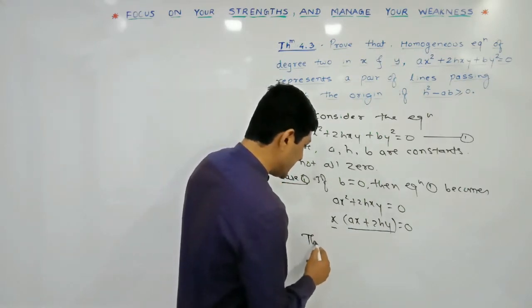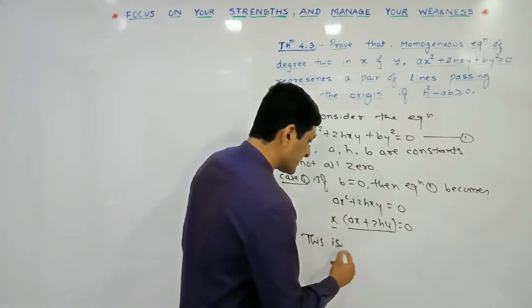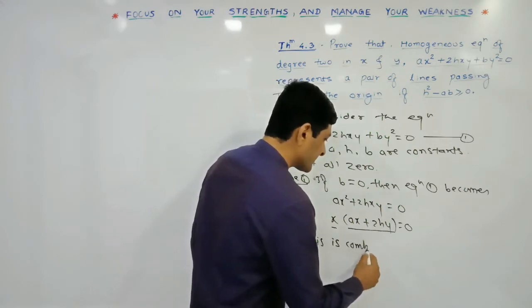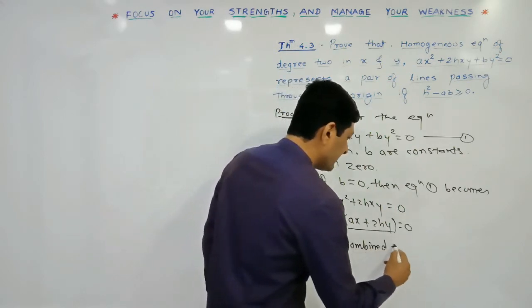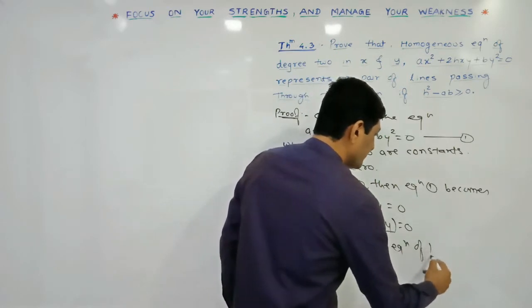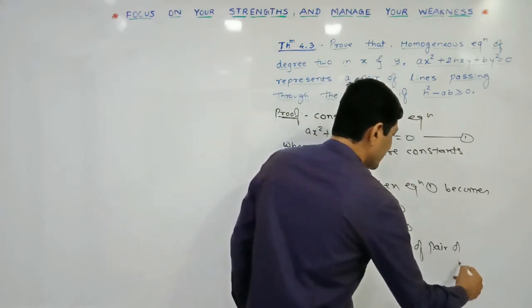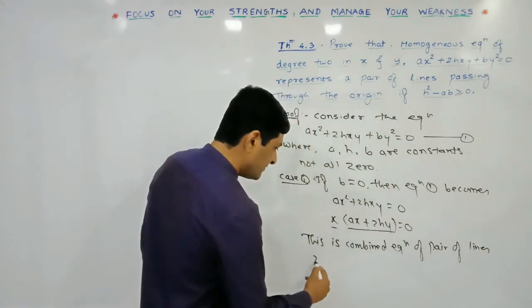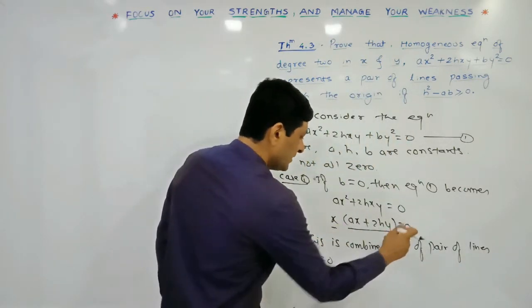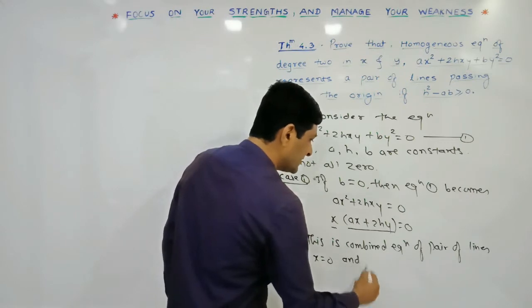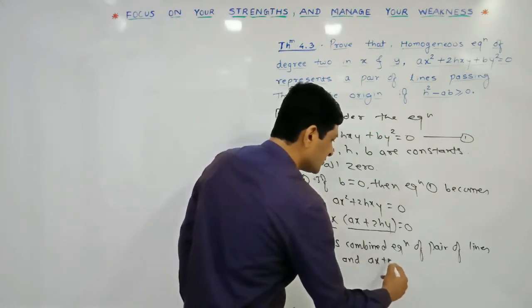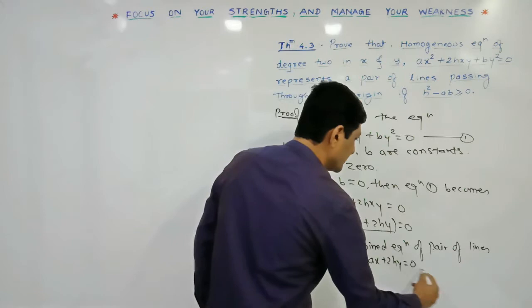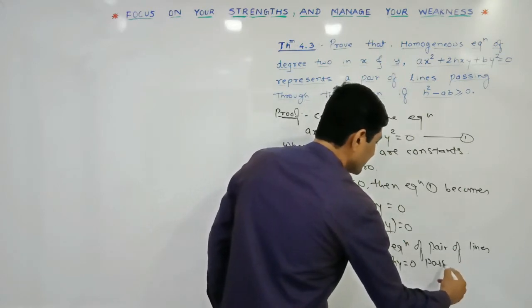So we can say that this is the combined equation of a pair of lines passing through the origin. Which lines? The first line is x is equal to 0 and the second line is ax plus 2hy is equal to 0, passing through the origin.